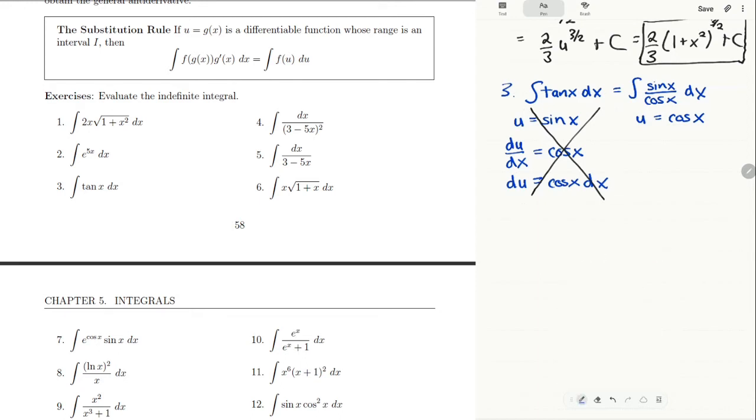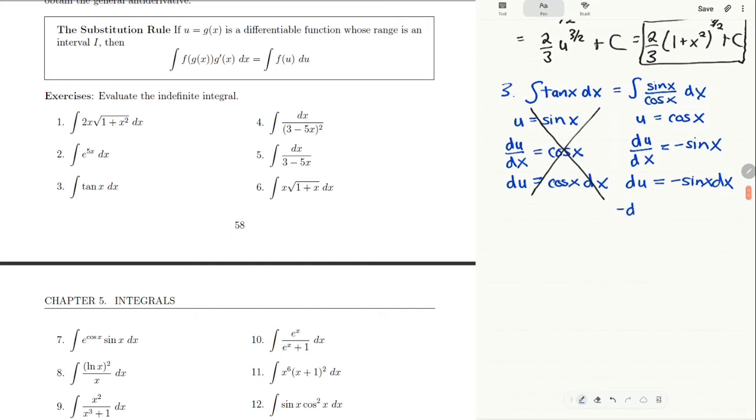Now let's try making the substitution where u is cos. If u is cos, then du over dx is negative sine of x. Notice that we have a sine of x dx in our integrand. If we solve for that from this equation, we get that du is equal to negative sine of x dx.